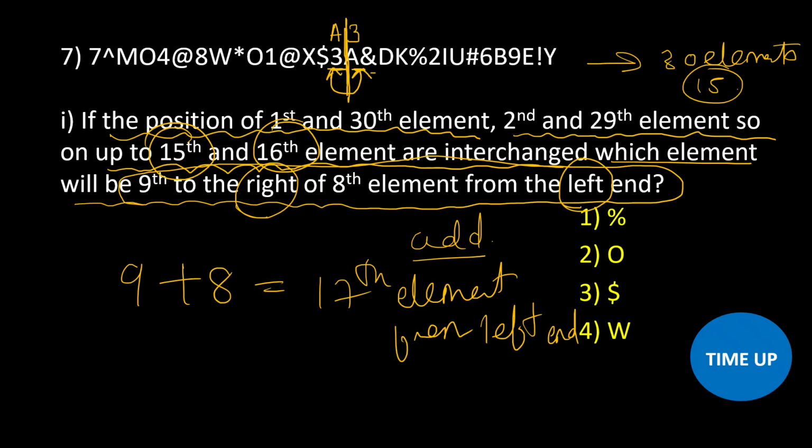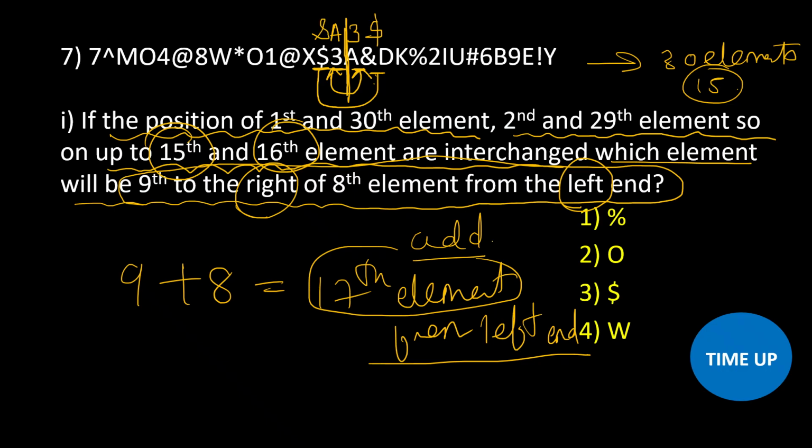Same way, this will be your 17th element. Correct? The 17th element will get interchanged with the 14th element. Understanding? So we want the 17th element from the left end only. After interchanging, here dollar will come and here and will come.